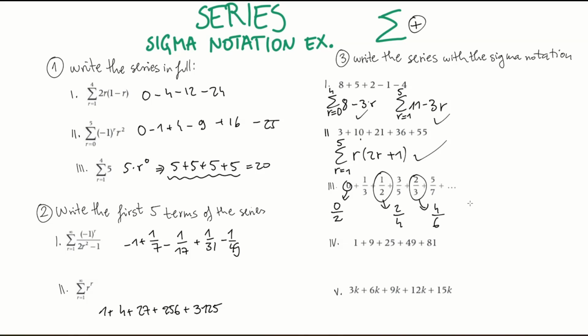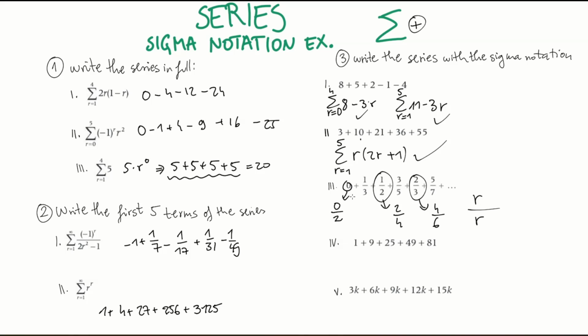So my term now and my sigma notation is just r, which is increasing by 1, over r, which is also increasing by 1. But I need to see that here I have 0 and I have 2 for the same number, for the same term r I'm going to put in.